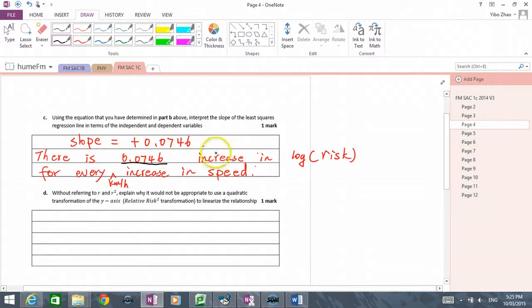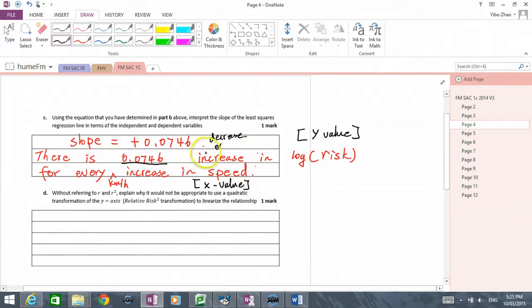If it's positive, it's an increase; if it's negative, it will be a decrease in the y value. In this case, the y value changes for every increase in x value. That's the formula to explain the meaning of the slope.